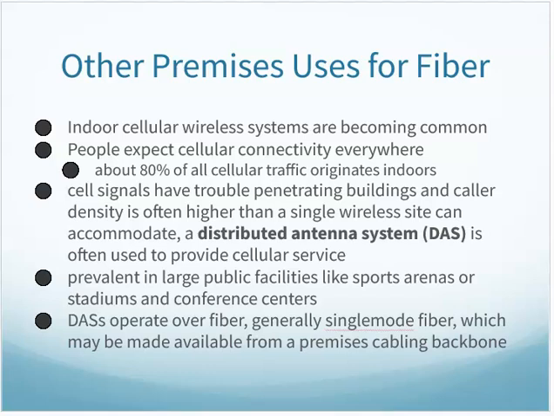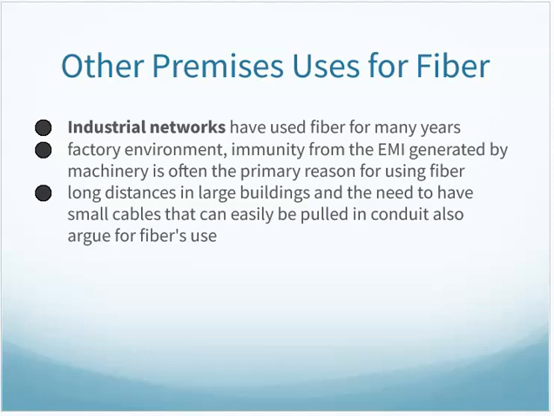So in some buildings, especially large buildings, sports arenas, football stadiums, hockey arenas, convention centers, those kind of places, what they will actually do is use fiber optic to bring in a cellular antenna connection, if you will, to the users inside that can pick that signal up and carry it out, instead of trying to make its way through large spaces or through walls and that sort of thing. So we'll talk a little bit more about that later, and I have some examples to show you later on. But that's another use for fiber.